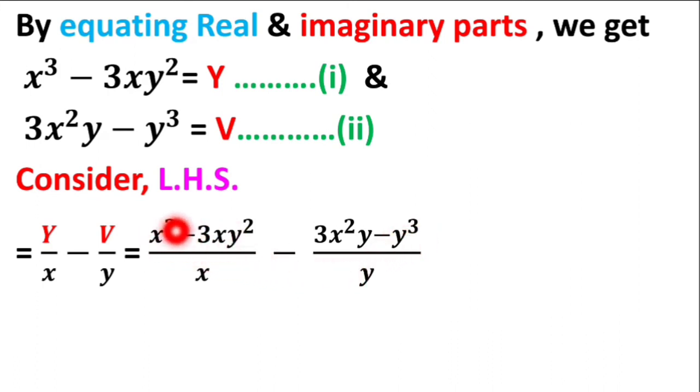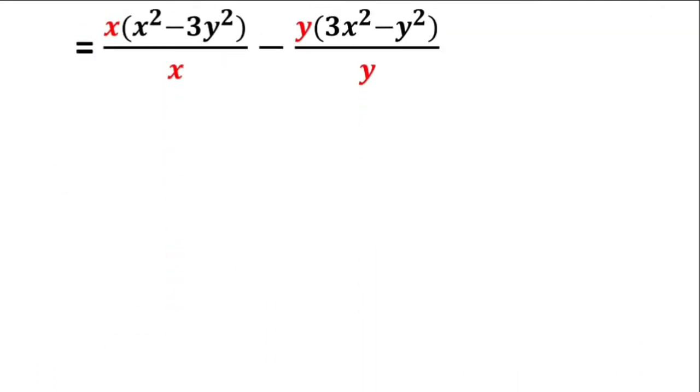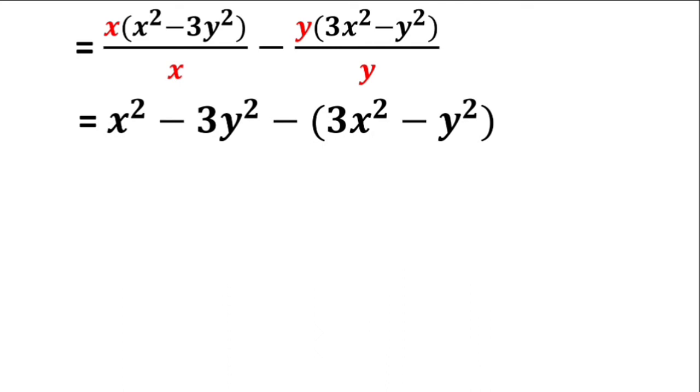Now taking x common from this numerator, and from the second term taking y common from the numerator. So from 1 and 2 you will get x into bracket x square minus 3y square upon x, minus y into bracket 3x square minus y square upon y. Here x cancels, y cancels.